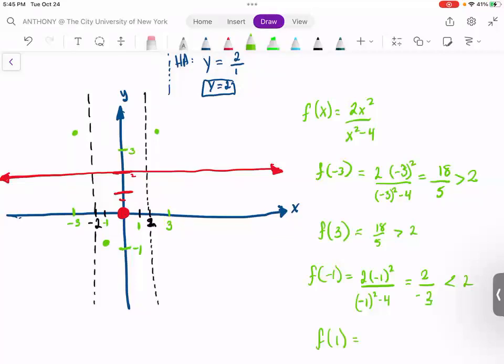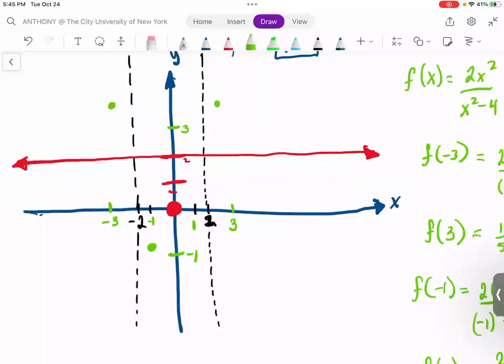Will we still get the same value? -2/3? Yes, we will. The function was 2x squared over x squared minus 4. So 1 squared is 1. 1 times 2 is 2. 1 squared is 1. 1 minus 4 is still -3, which also is still below the x-axis. So you get this point.